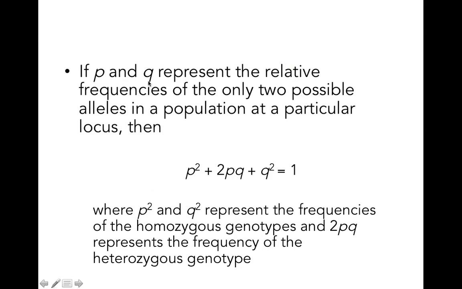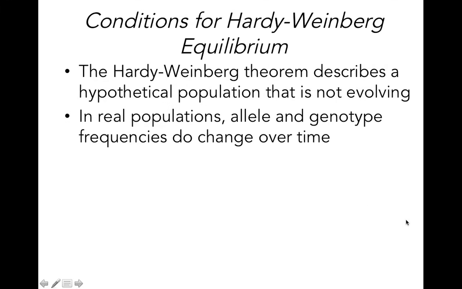So if P and Q represent the frequencies of the only two alleles in a population at a locus, then the proportion that are homozygous dominant is going to be P squared, homozygous recessive is going to be Q squared, and heterozygous is going to be 2 times P times Q. However, the only time we're going to see a population stay in Hardy-Weinberg equilibrium is if 5 conditions are met.